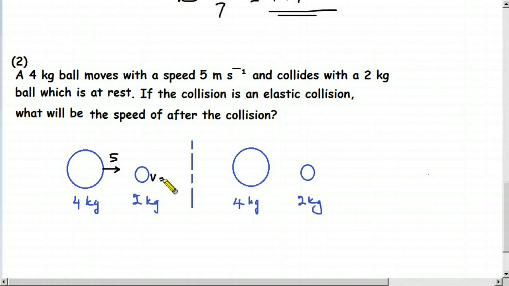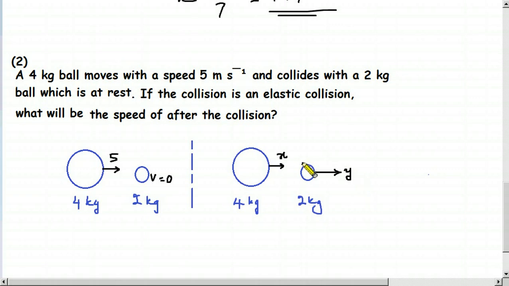This one is 0. Then after the collision, what would be the speed? That is what they want us to find. So we don't know, therefore we assume the speed of this ball after the collision is x, and the speed of this ball after the collision is y.